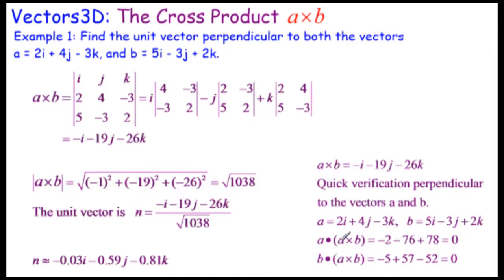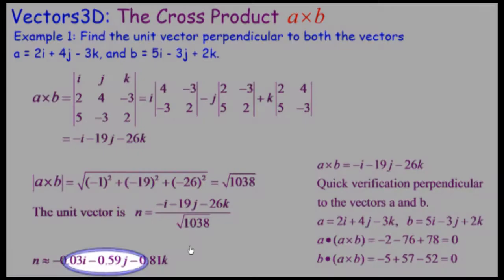So if you go A dot A cross B and you get 0, you know they are perpendicular, and you can verify easily that B dot A cross B is also 0. So this vector A cross B is perpendicular to both these vectors, and its unit vector you can see over there.